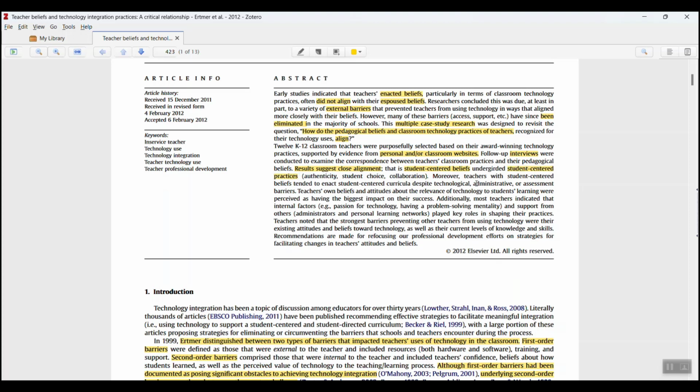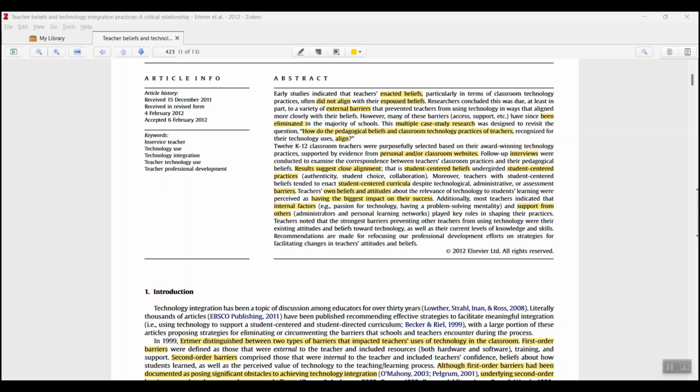And even though they may face different kinds of barriers, they tend to overcome them and execute those student-centered curricula. At the same time, teachers' own beliefs and attitudes seem to be a big enabler of student-centered learning curricula.